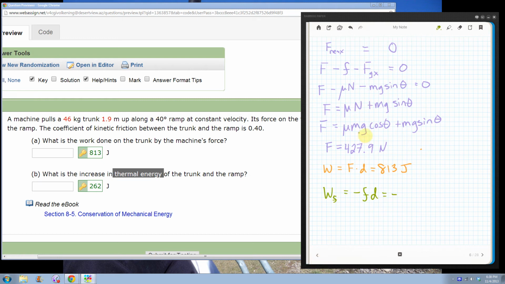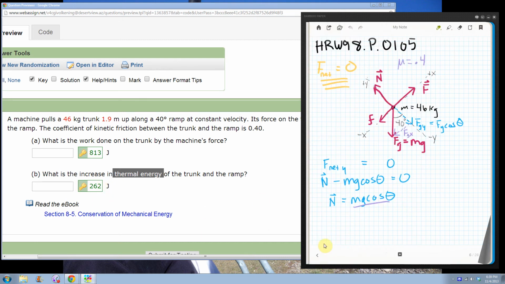Friction is mu mg cosine theta. Mu mg cosine theta. And then d was 1.9. If you put all that in the calculator, you get 262. Rounds to 262. Okay. Notice that is the correct answer. But there's another way to get it.